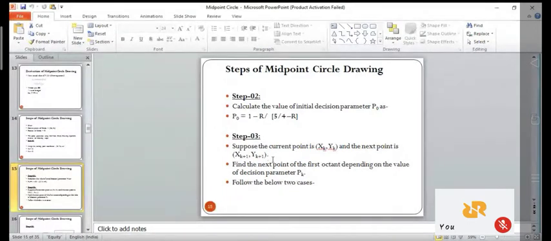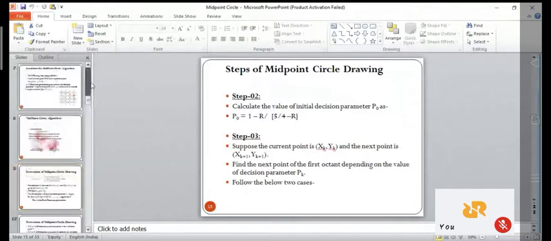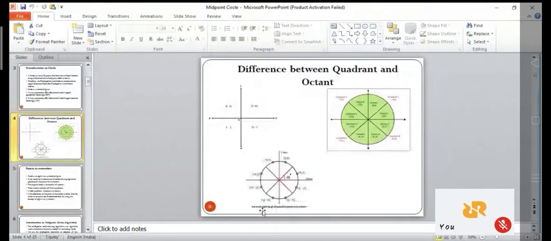Another thing is, whenever you are finding out the points, whenever you are finding out the number of pixels, always remember you are finding out points for one octant only. For the rest of the octants you can follow the sign conventions that we have already seen in the previous slides.